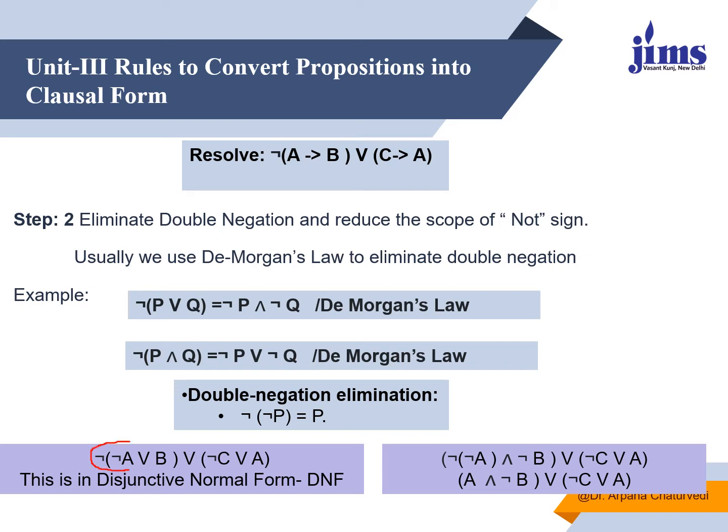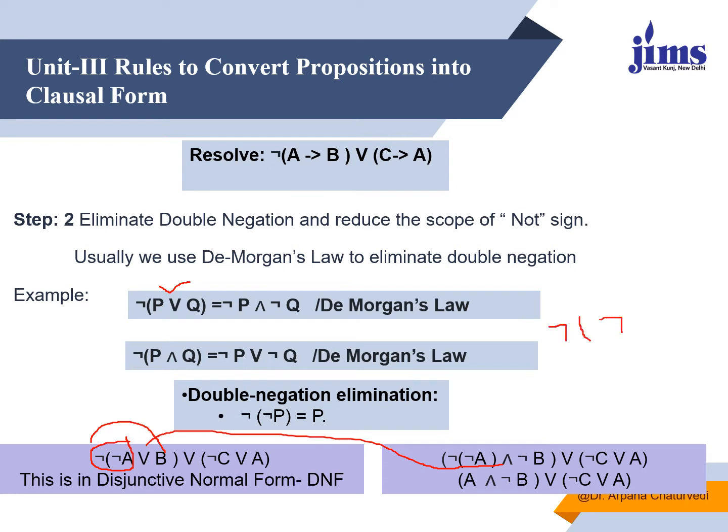This is 1, and then this symbol will get converted into AND, and then not B. Which rule have we used? We have used De Morgan's law. Not is outside of what?